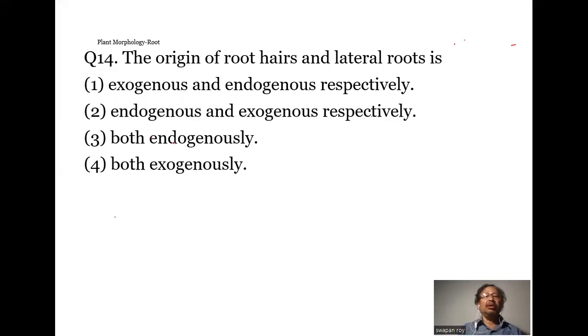Question number 14, the origin of root hairs and lateral root is. Root hairs are the modified epidermal cells of the root, so it is exogenous, whereas the lateral roots are developed from the pericycle layer of the root, so it is endogenous. So option 1 is the answer.